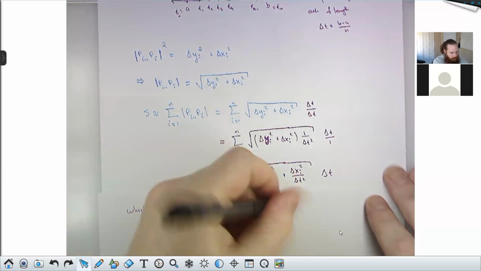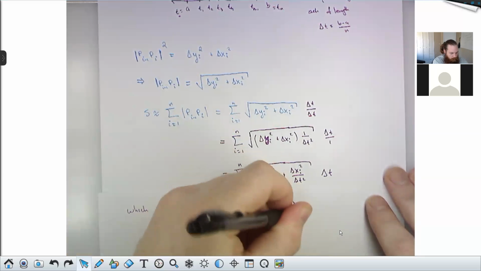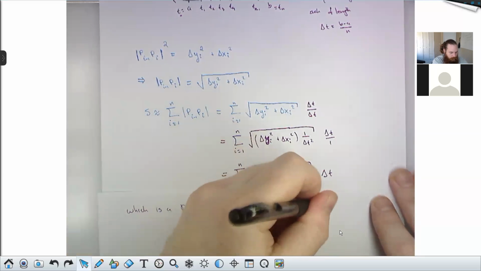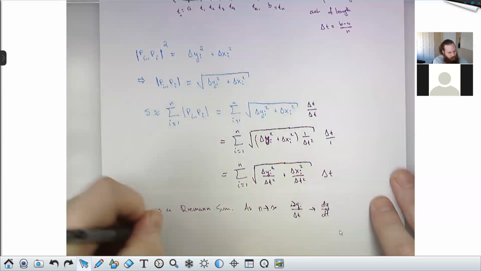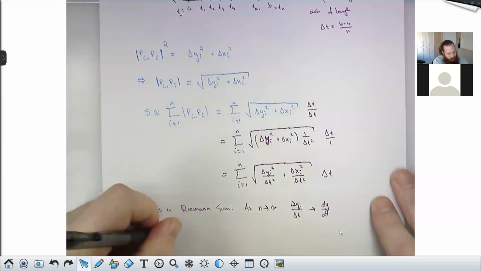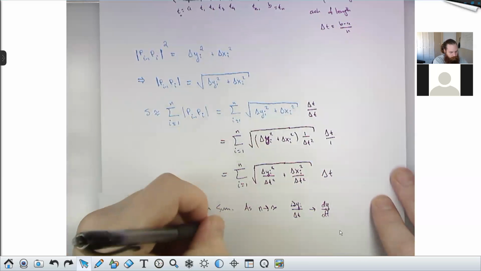Delta y_i over delta t goes to dy/dt, and delta x_i over delta t goes to dx/dt.